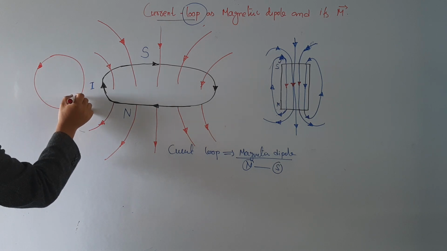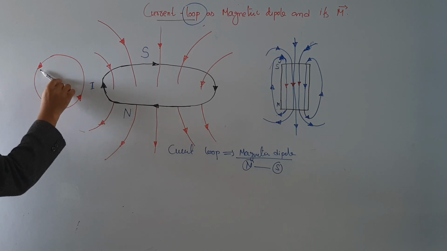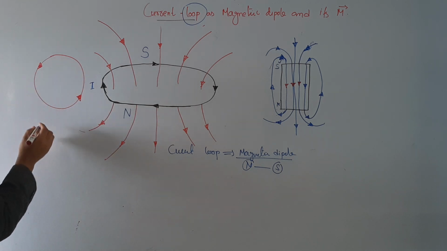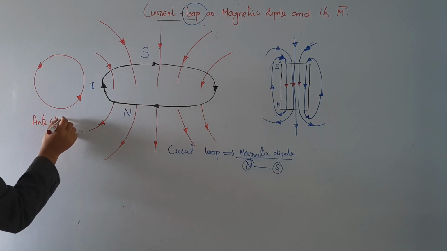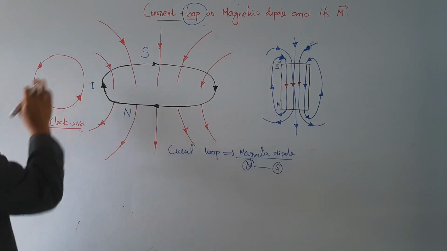Now tell me, which direction is this? It is going tick, tick, tick. So this is my anti-clockwise. The direction of current is anti-clockwise.